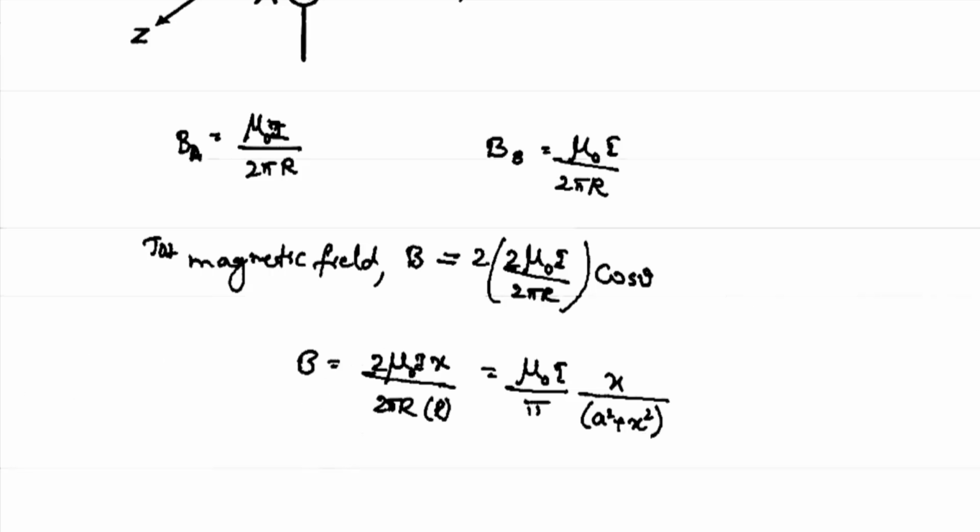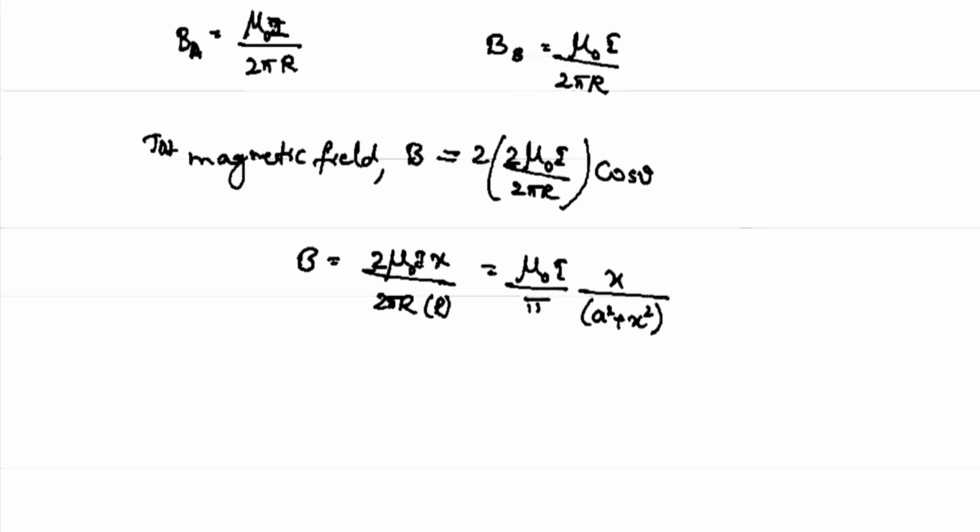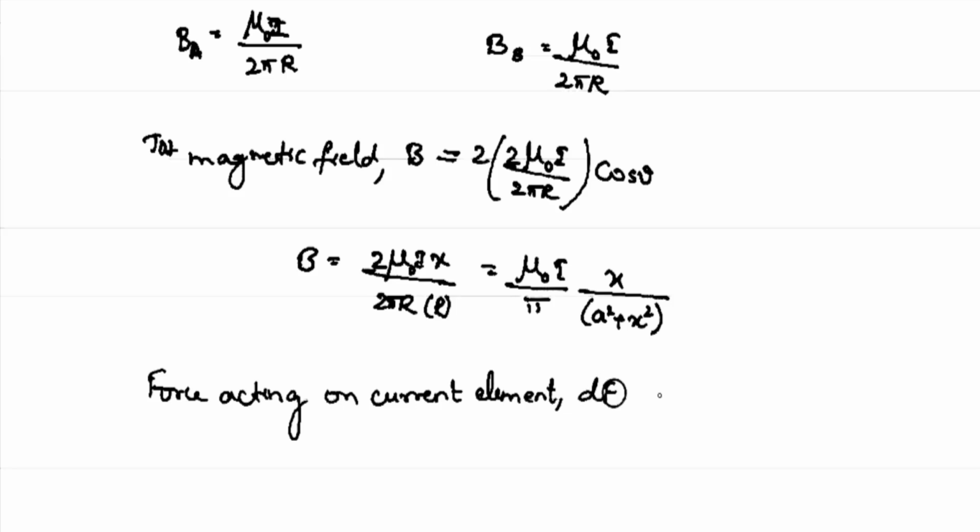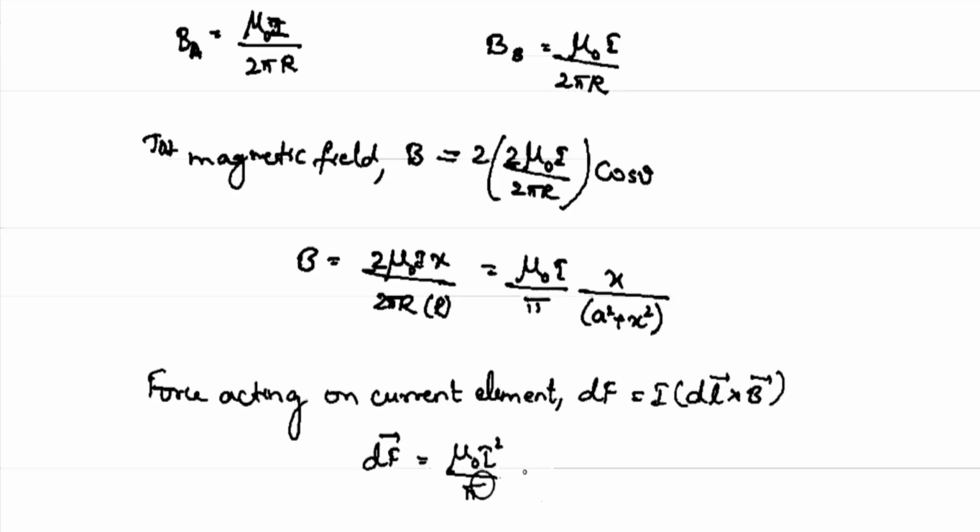If this is the magnetic field acting on it, there will be a force acting on it, and the force will be equal to BIL sin theta, or you can say I into L cross B. So for the force acting on a small current element, we'll write dF. dF will be equal to I into dl cross B. Substituting all the values, you get dF equal to mu naught I square by pi into minus x dx divided by a square plus x square.